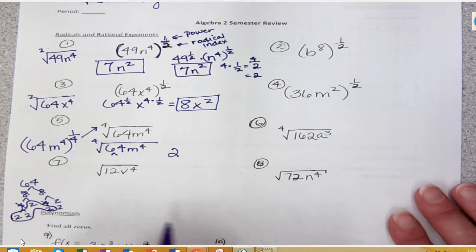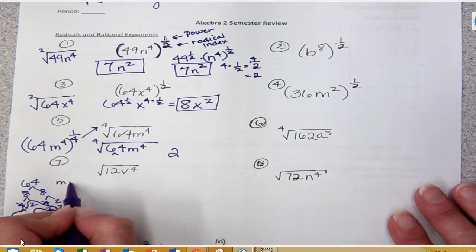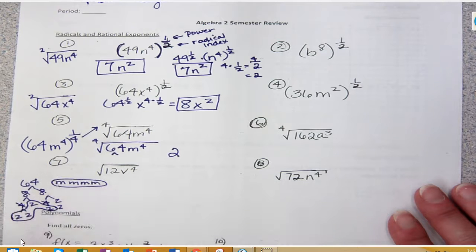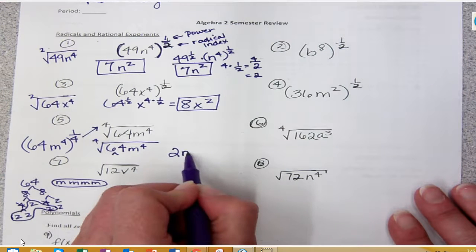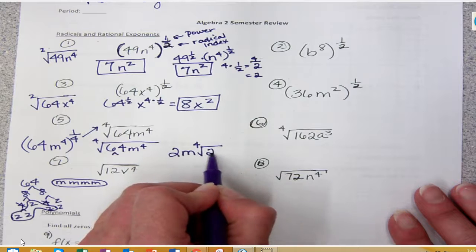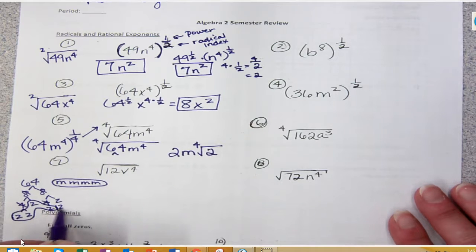We've got 4 m's, which is m, m, m, m. So we take an m out, and we're left with a 2 inside, which is this right here. Oh wait, 2 2's inside. I forgot about that one.